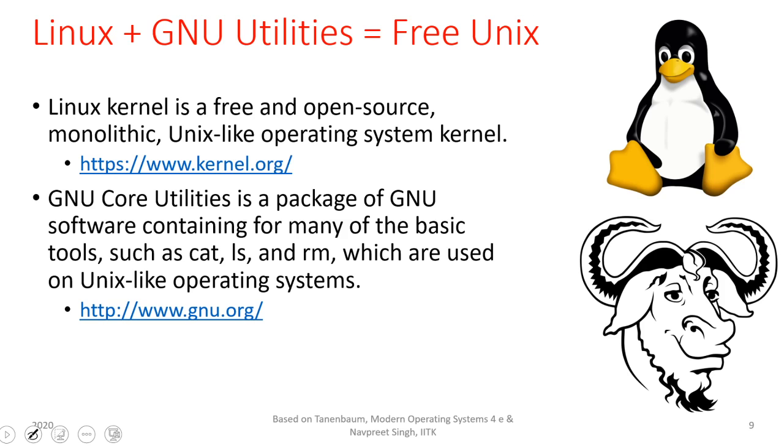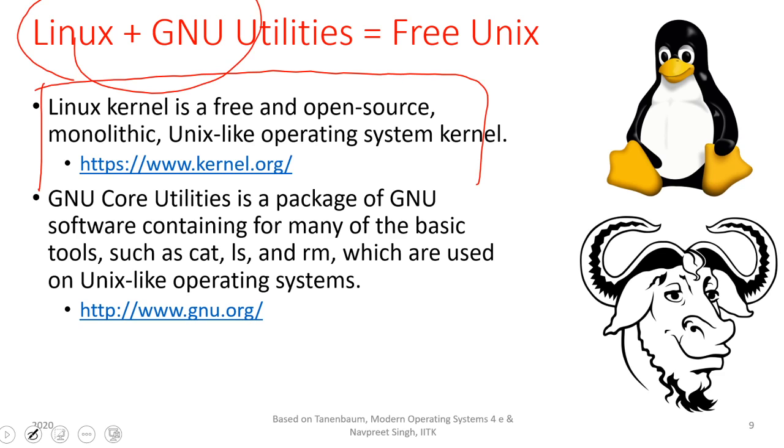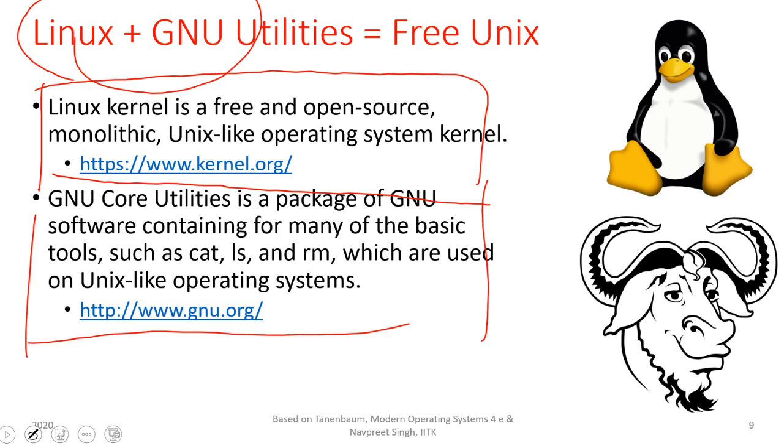Then when we think about Linux, most of the time what you would come across is what is called GNU Linux. Linux is the basic kernel of the operating system, the underlying kernel, and it is an open source kernel. Then GNU provides a number of utilities; all these basic small programs come from GNU.